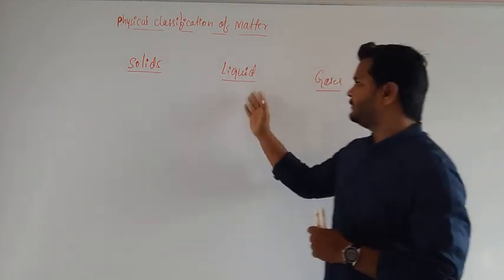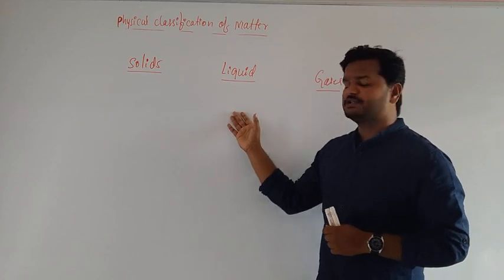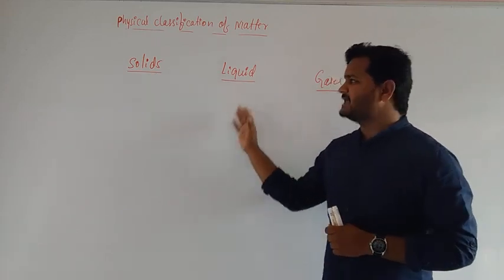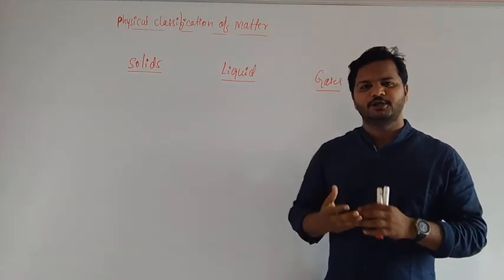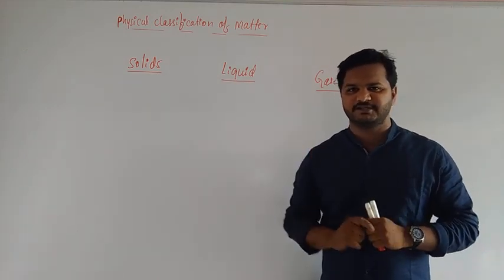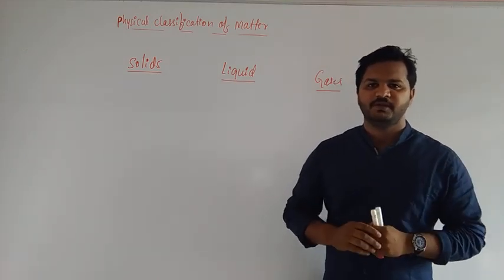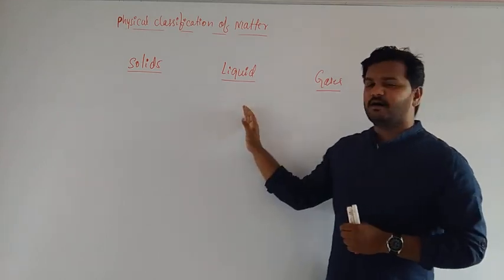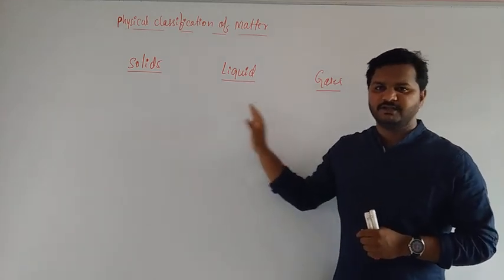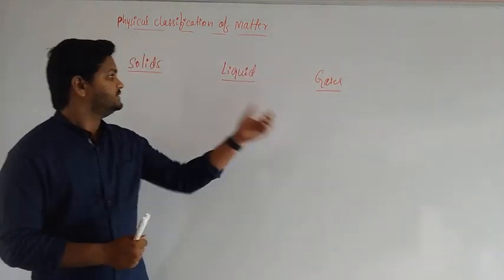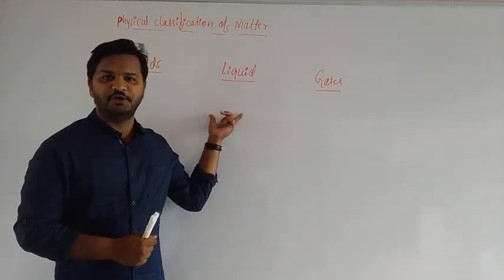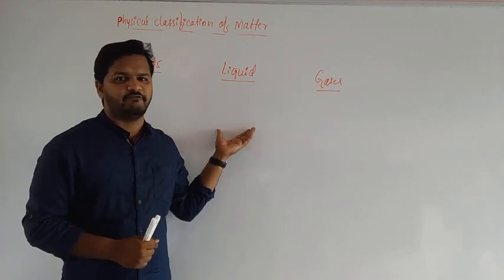And liquid, here molecules are loosely bonded as compared to solids. These are incompressible, and they have a definite volume but they do not have a definite shape.